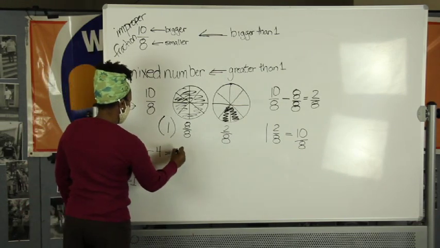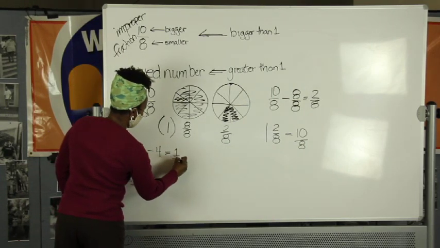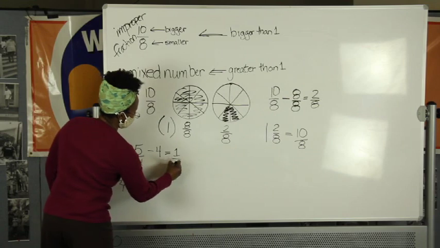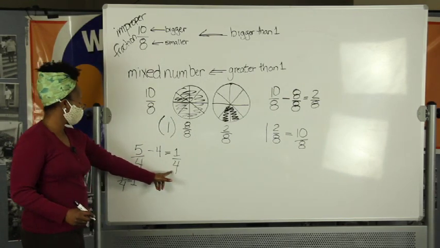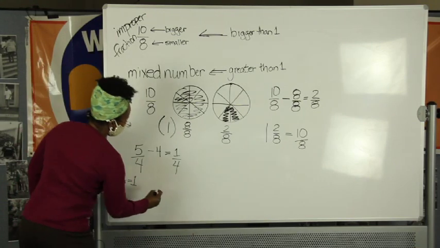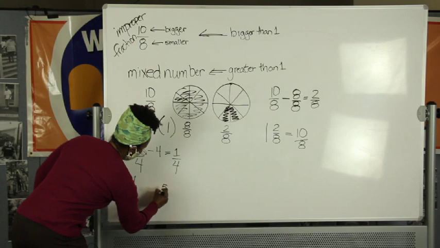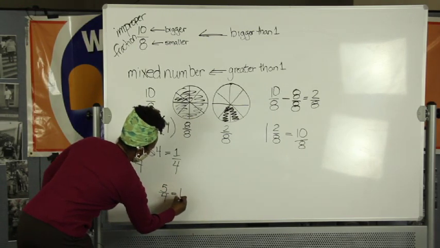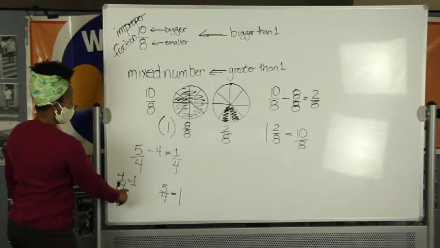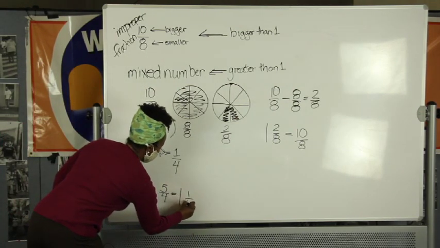And that's going to be 1, because 5 minus 4 is 1. And then we're going to put the denominator back. So after a whole, this is what's left. So at the bottom, you can put 5 over 4 equals 1, because you took that away, and 1/4.